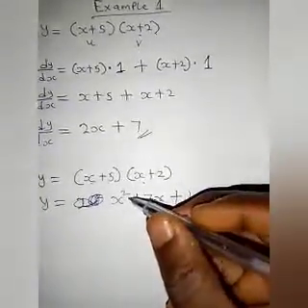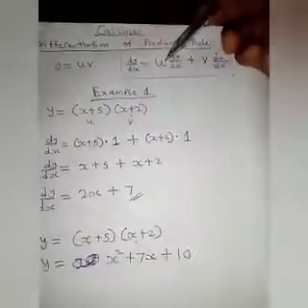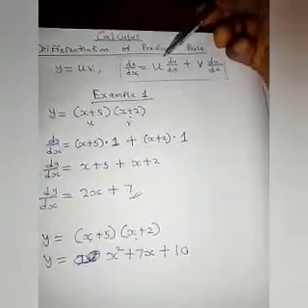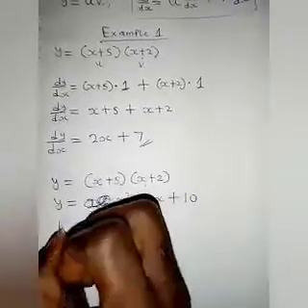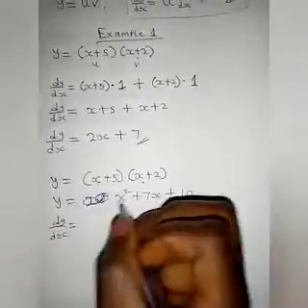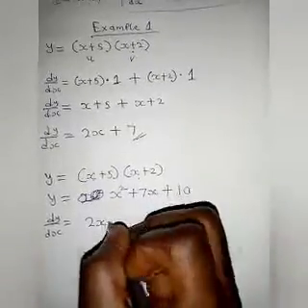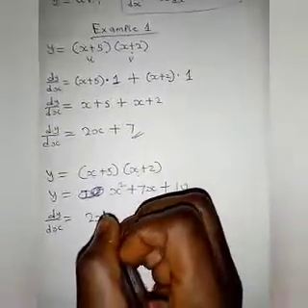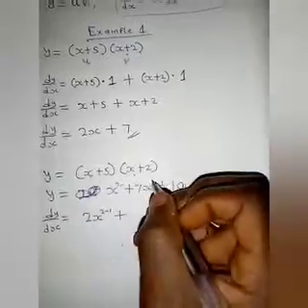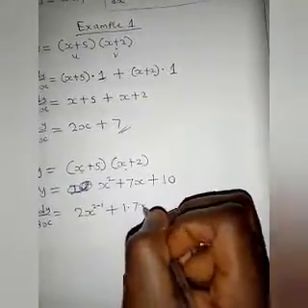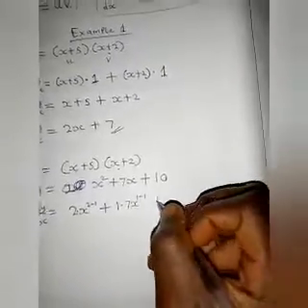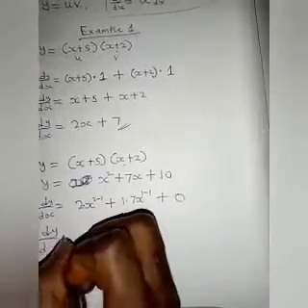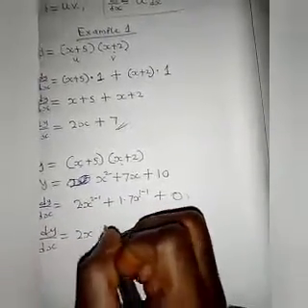We can't use product rule here, so what we are going to use now is power rule to solve it. Power rule says the power will move to the front, then we subtract 1 from the power, we multiply the function, and then the constant will give us 0. So dy/dx will equal 2x + 7.